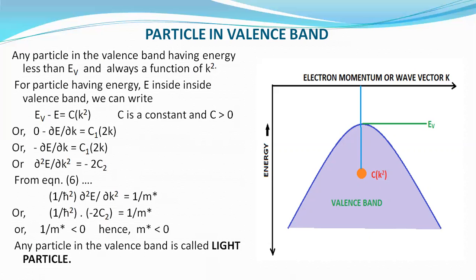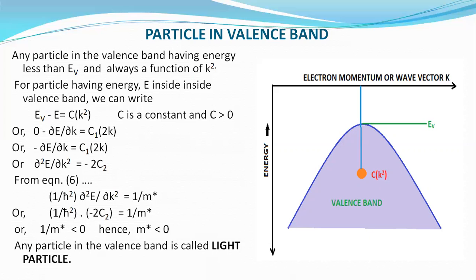So EV minus E is equal to C of k square. Energy minus energy is also energy, and this is also a function of k square. And if you take the first order differentiation of that, EV is a fixed level, that is the valence band maxima.